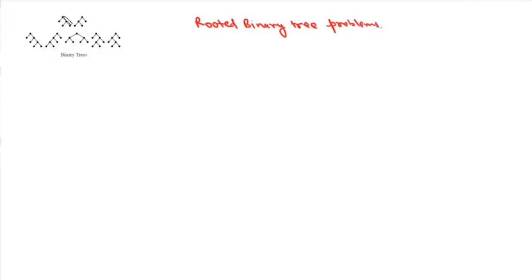A rooted binary tree will always start from a root, and then either it will have 0 nodes or 2 nodes. Such a tree is called a rooted binary tree. A rooted binary tree with n internal nodes, where a node is internal if it has 2 branches coming out of it, is counted by Cn.